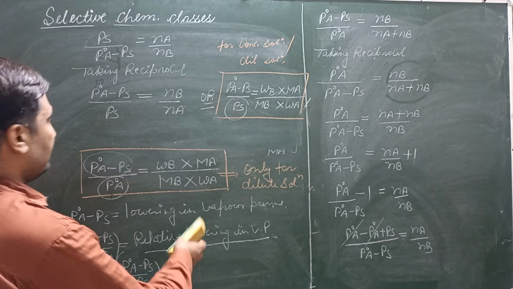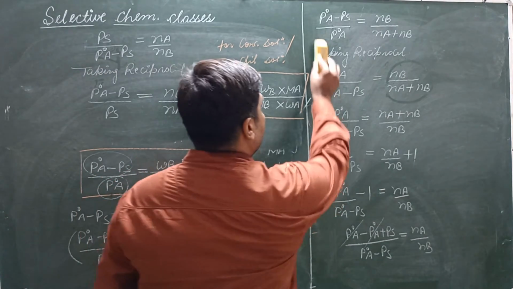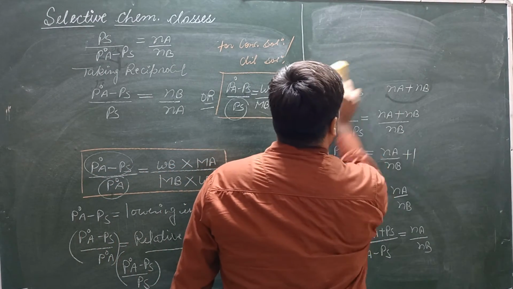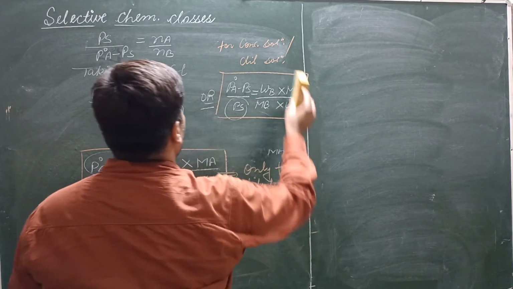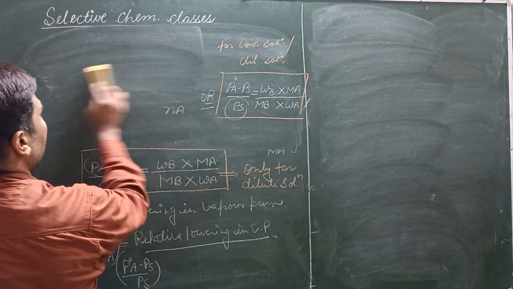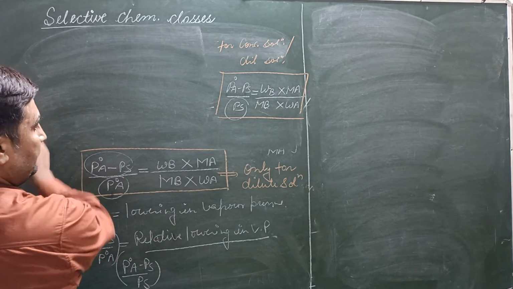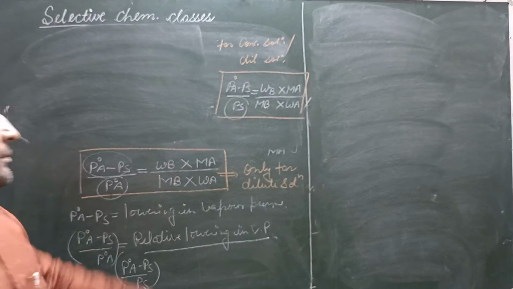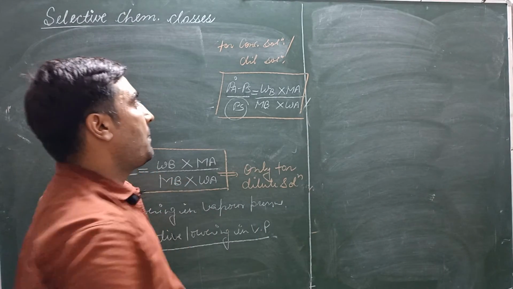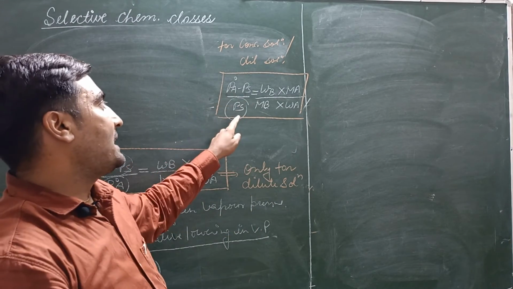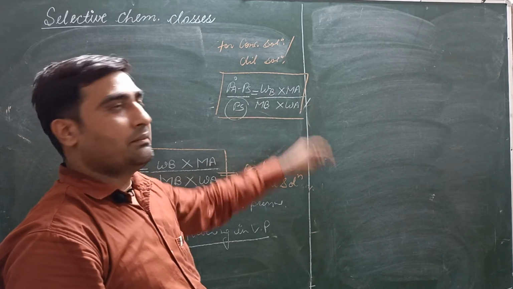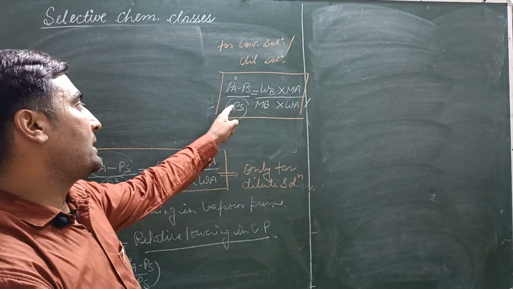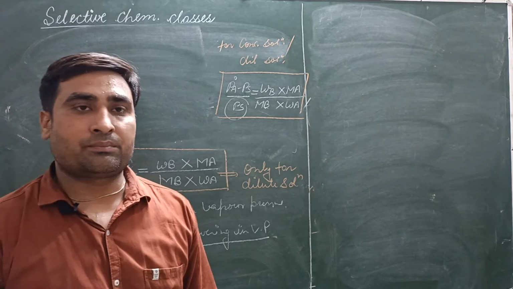So finally, from this part, we got two formulas for solving numerical problems, and these are shown here. P naught A minus PS by PS will be equal to WB by MB into WA by MA. This formula is generally used for any type of solution.